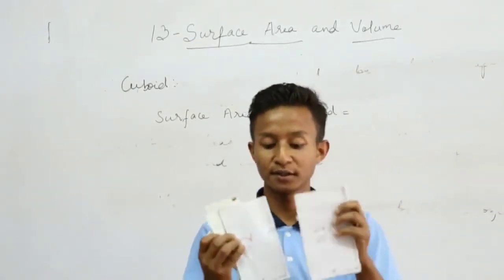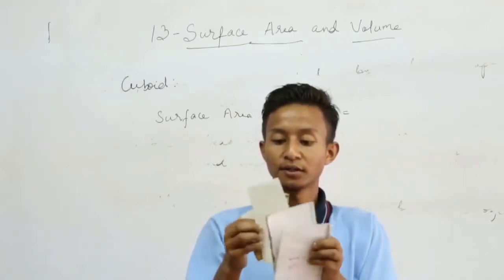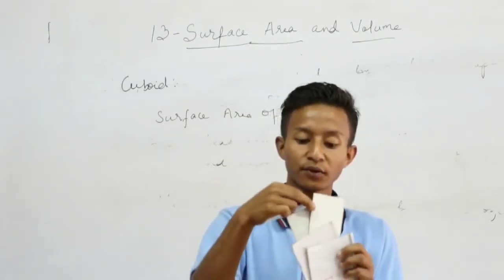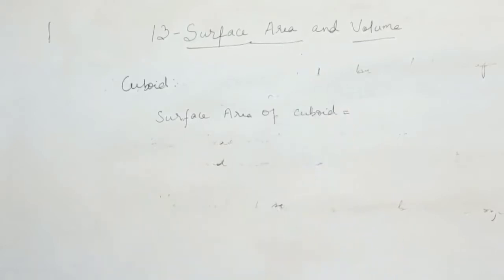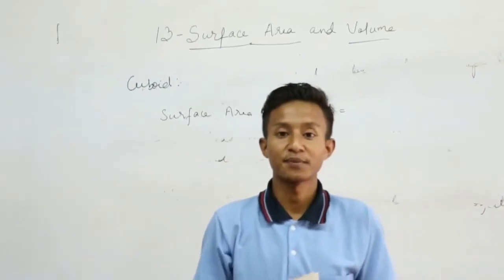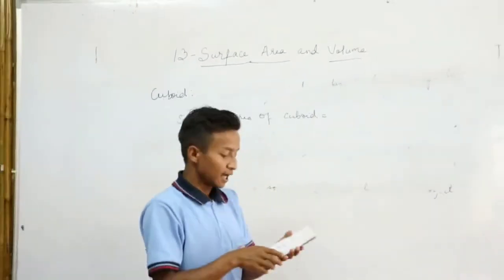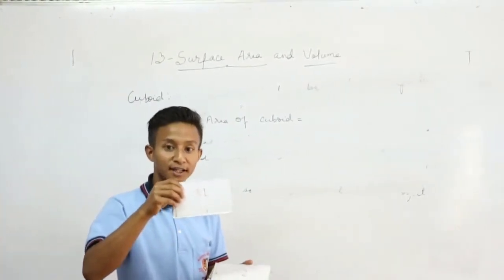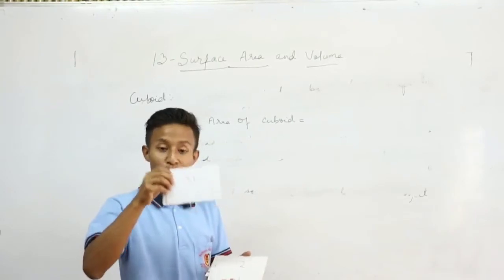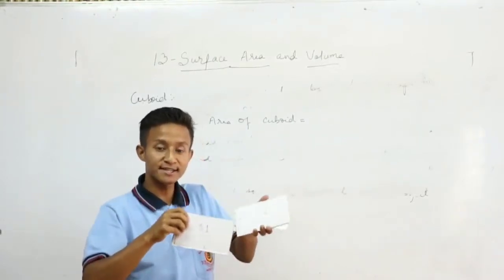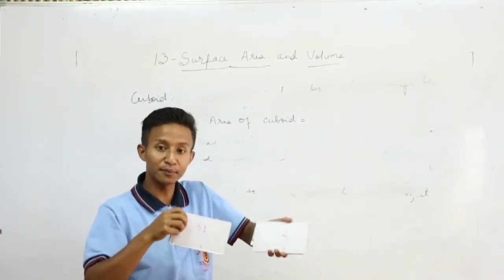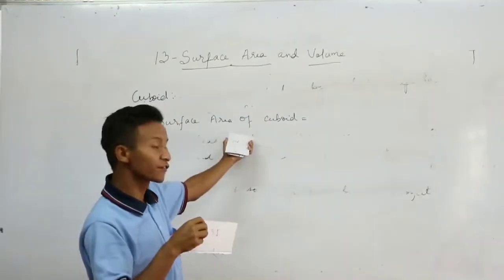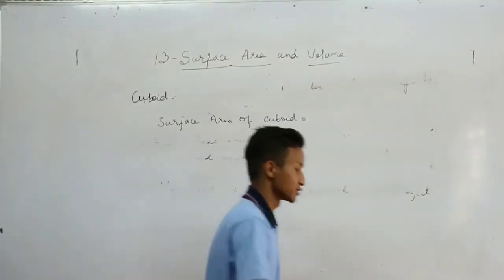Count 1, 2, 3, and 4, 5, 6. As you can see, each face is in the shape of a rectangle. So we find the area of all these 6 rectangles and add them up to get the surface area of a cuboid.